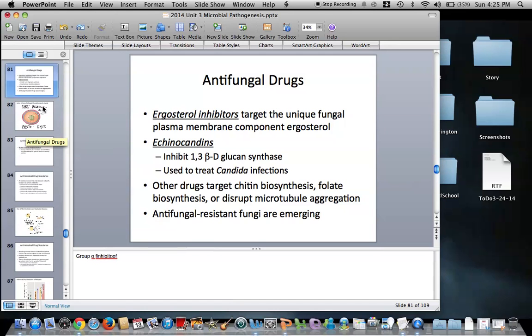Ergosterol inhibitors target a unique fungal plasma membrane component, ergosterol. Ergosterol is an important part of the membrane, probably very important for structure. It can treat Candida infections.